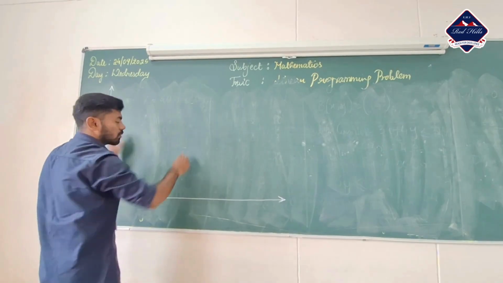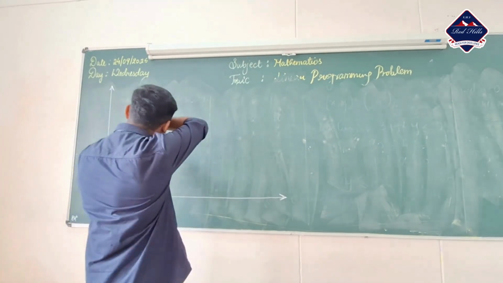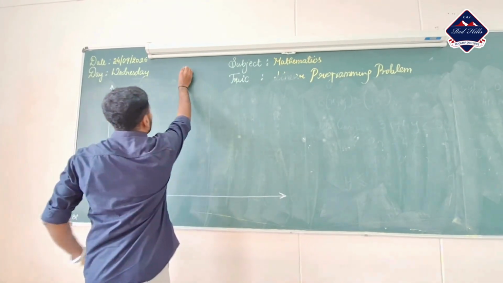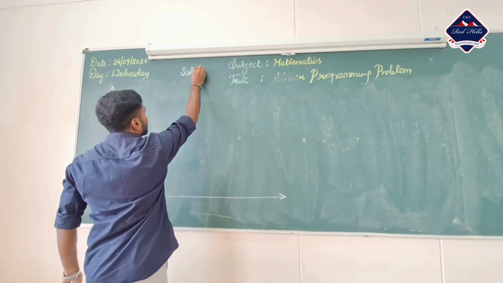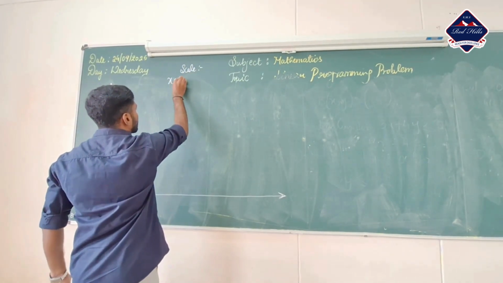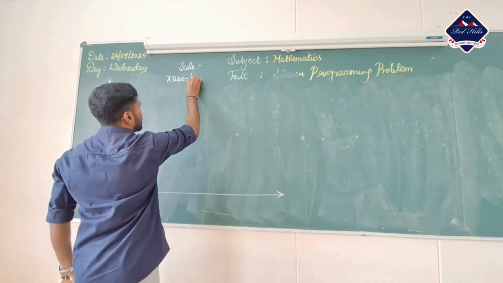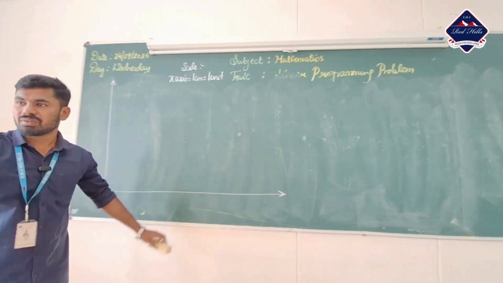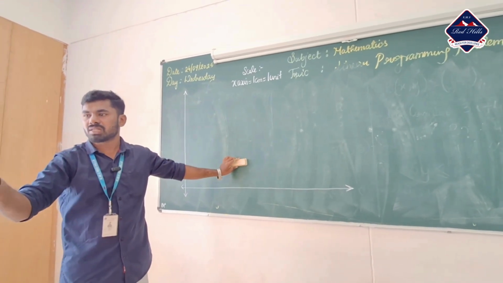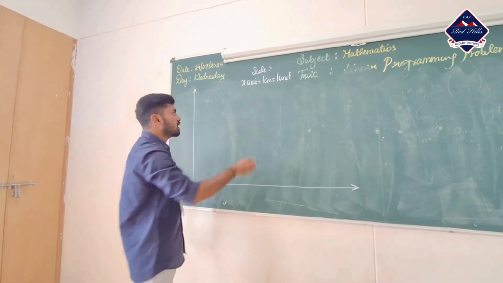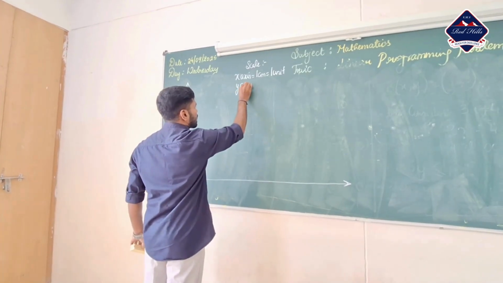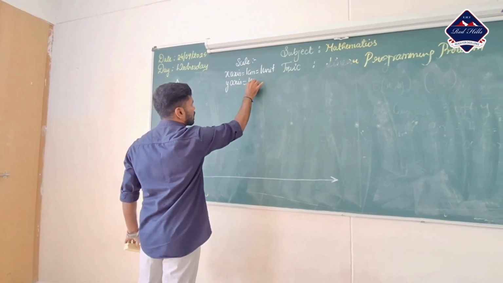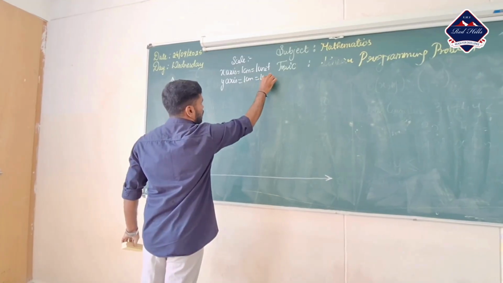So here, scale. X-axis: 1 centimeter is equal to 1 unit. Correct now? Because the highest value which we had got among all the 4 points is 10. So easily we can plot. Y-axis: 1 centimeter is equal to 1 unit.